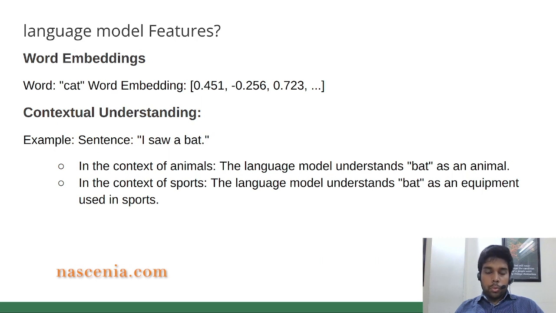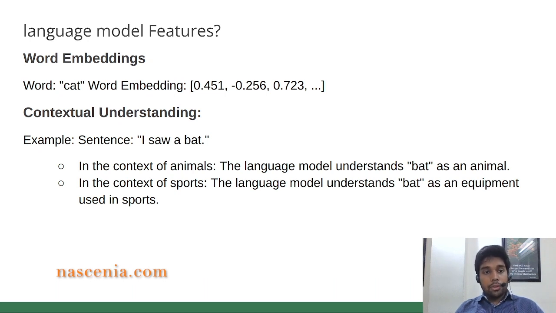So that's where word embeddings or word-to-vec embeddings come in. What a language model does is that it breaks the sentence into words or tokens, or you can say syllables or characters, and these tokens can be later represented in a numeric way.